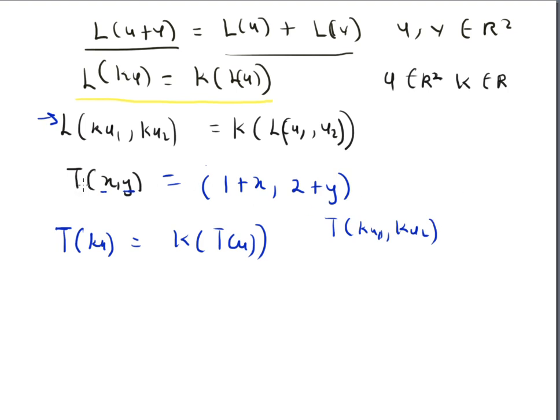Now applying this transformation that we've been given, we can see that x was taken and one was added to it. So we take our first term here and add one to it, so 1 plus KU1. Again, we take two and add it to our second term, so 2 plus KU2.